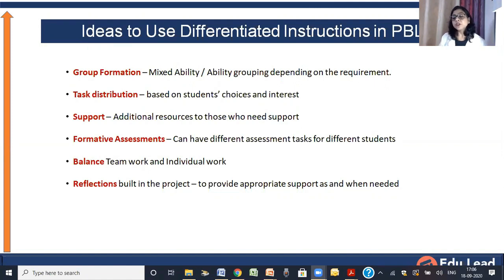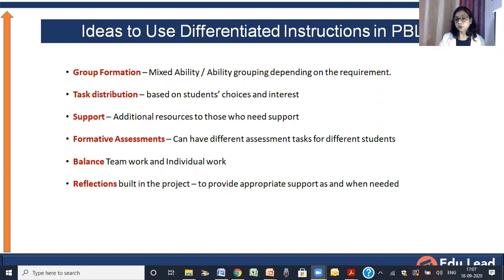So suppose you've given a project and I would like to come up with a video because I love to create videos, or I want to come out with a skit, or I would like to create some comic strips. So it depends upon how I want to present my work. And these are some of the examples. So you can give them choices based upon their interest.